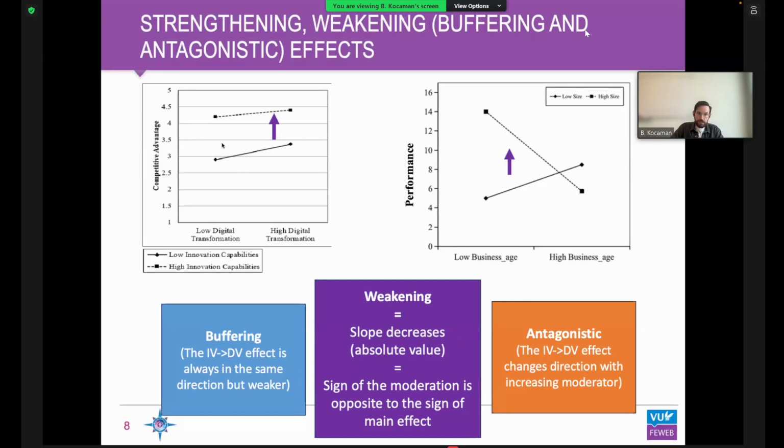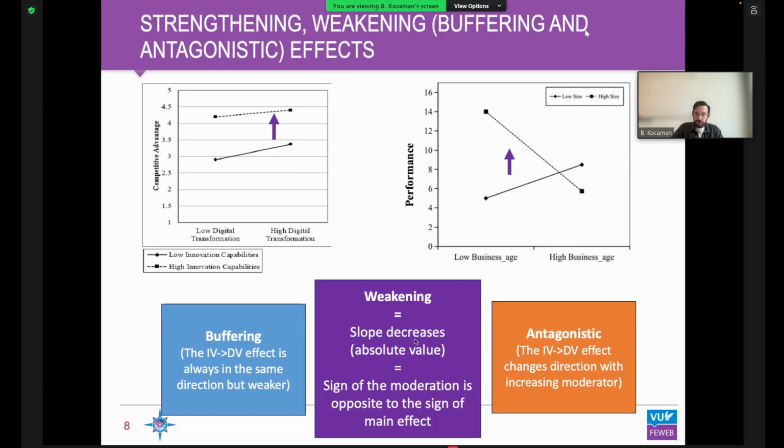When we look at both of these lines, we see positive slopes, meaning that when we go from low to high digital transformation levels, the competitive advantage increases in both cases. But when there is a low innovative capability of the firm, this slope is higher compared to when we have a high innovation capability. So when we go from the moderator level low to high, the slope becomes flatter, meaning there is a weakening effect.